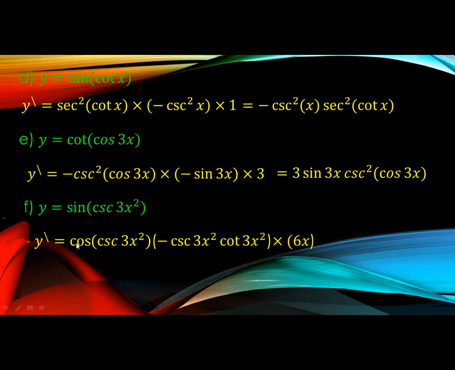Its derivative is negative cosec 3x power 2 cotan 3x power 2, multiplied by the derivative of the angle, where the derivative of 3x power 2 is 6x. And we can simplify the result to become negative 6x cosine of cosec 3x power 2 times cosec 3x power 2 cotan 3x power 2.